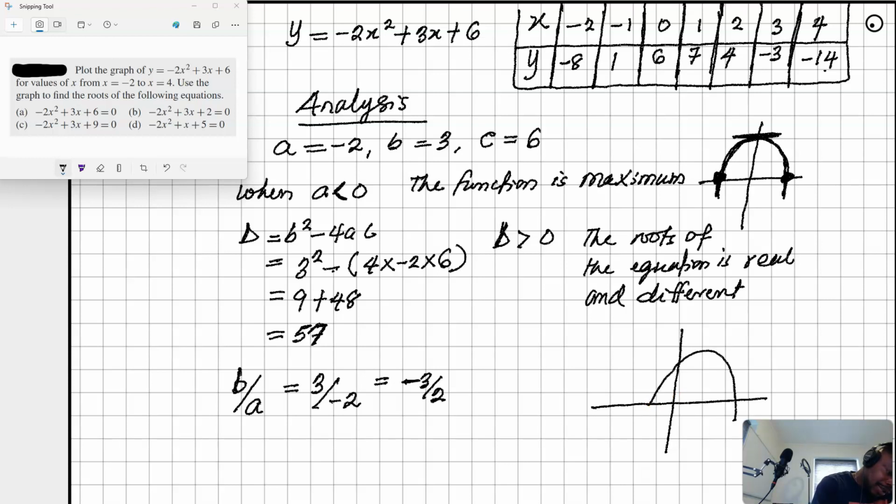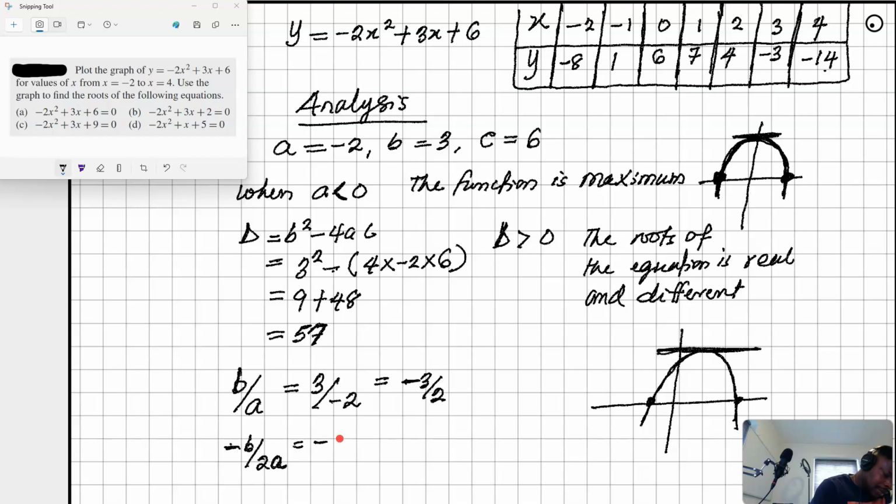You understand? Most part of our graph is going to be on the right hand side, because our b over a is minus 3 over 2, which is negative. So you can see now that we're having something like this, right? From here to here based on b over a. Now another analysis is that we can see what is our minus b over 2a.